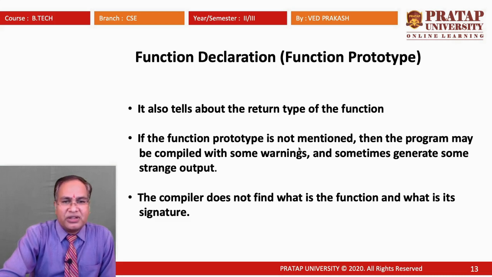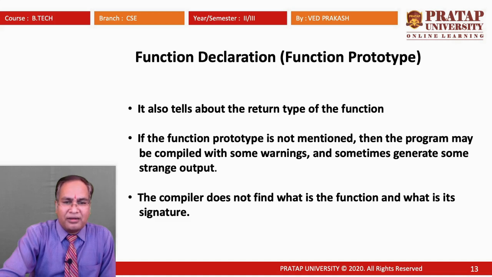If the function prototype is not mentioned, then the program may compile with some warnings, and sometimes the program can generate some strange outputs. So it is necessary, when we use any user-defined function, that we should declare or mention the prototype of the function.